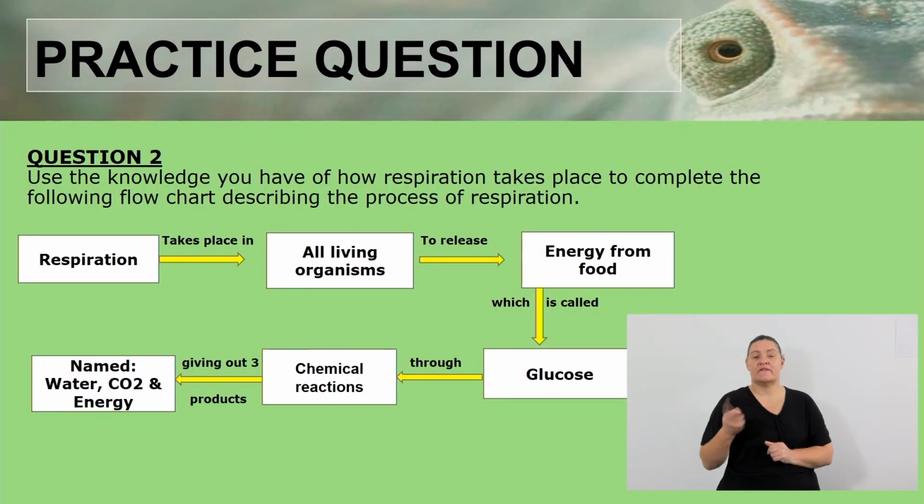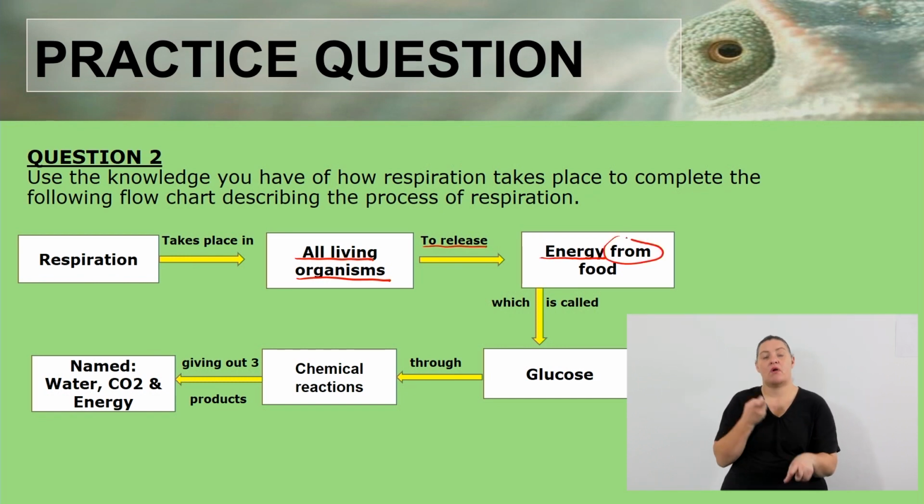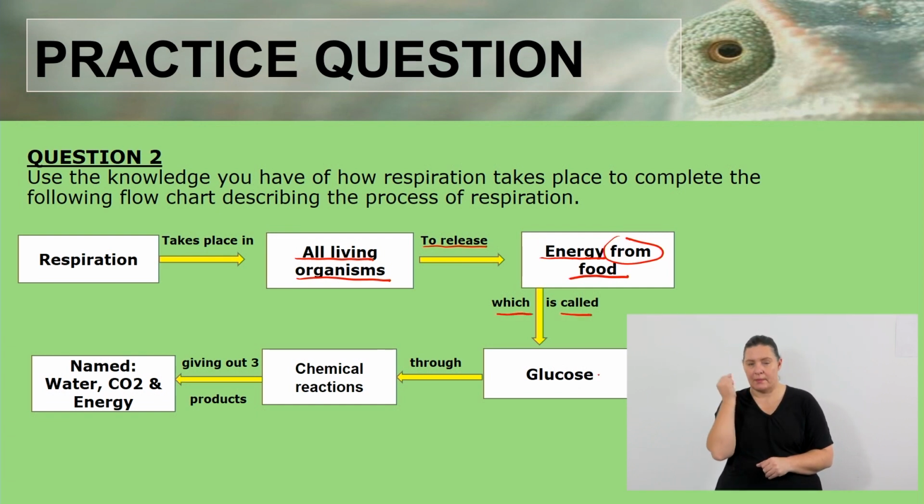So the first term here is respiration takes place in all living organisms. So we're talking about plants and animals. To release energy from food. So this is called, or which is called, glucose. So that is the food or the sugar that is released.